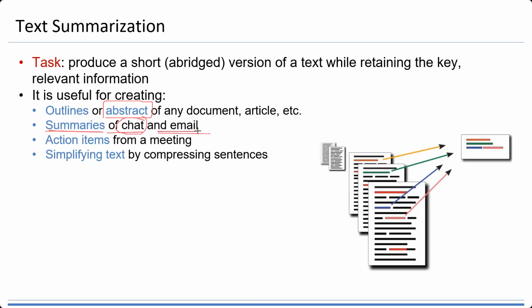And also with email, if the email is too long and it is difficult to understand, then you can ask to create a summary. Meetings: if you have a meeting that runs for 1 hour and there is so much discussion, then you can create some action items. Or if there are too many sentences, you can simplify the text. Simplifying the text means we want to compress the sentences.